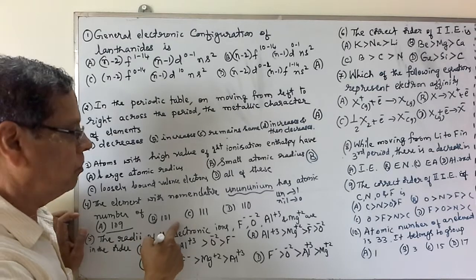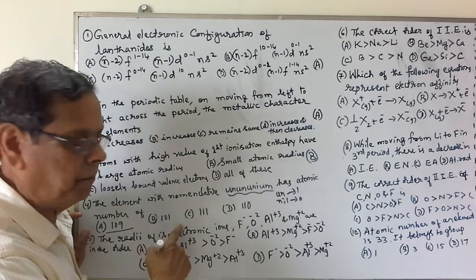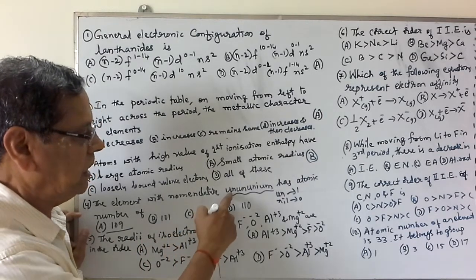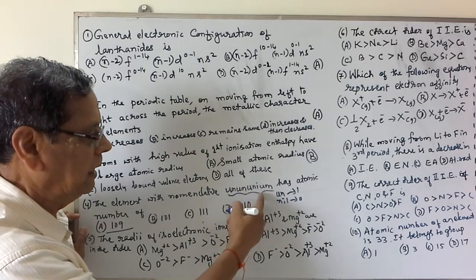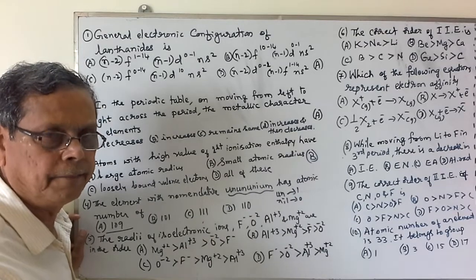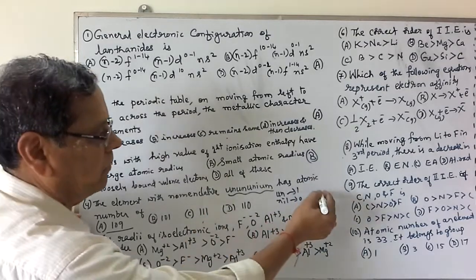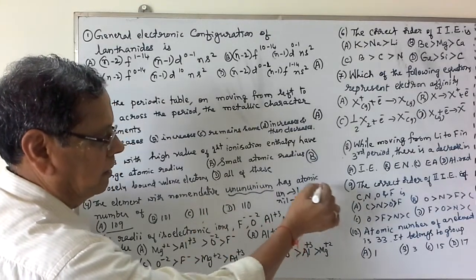If it is 101, it is unnilunium. 111 is unnunium, and 110 is ununnilium. That's why the correct answer for this one is C.